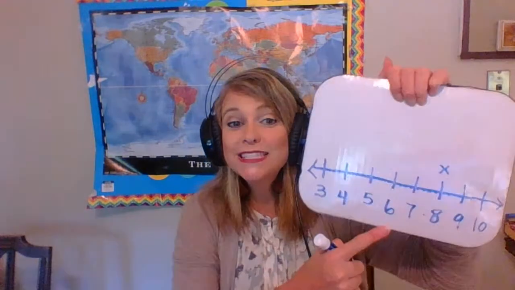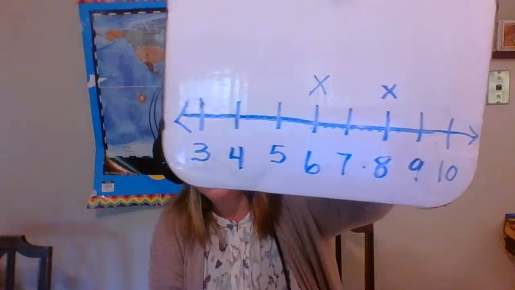But since I don't have a 6.5 on my line graph, I'm going to have to find the one it's closest to. Let's say it's closest to the 6. So I'm going to give that one a 6. Now I've got my 8 inch and my 6 inch spaghetti noodle.